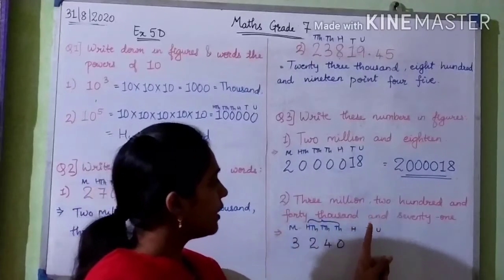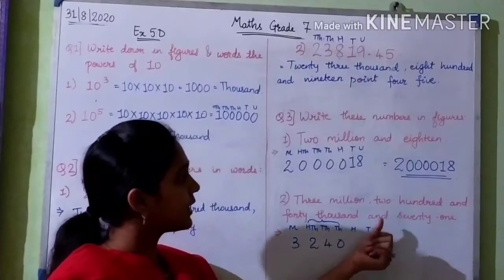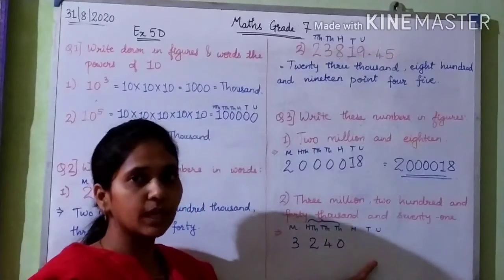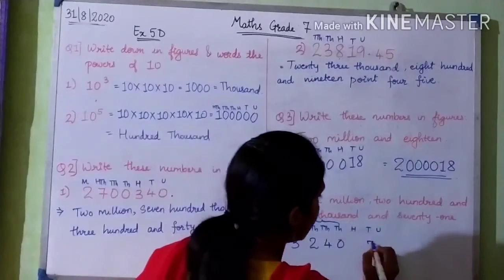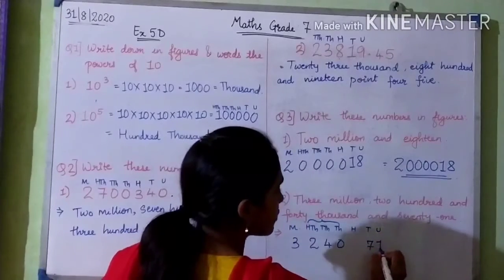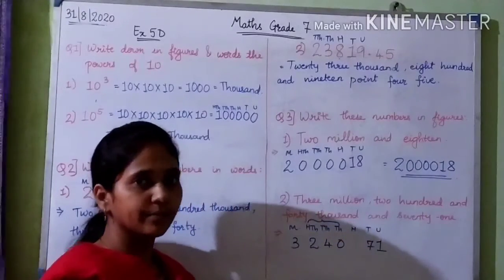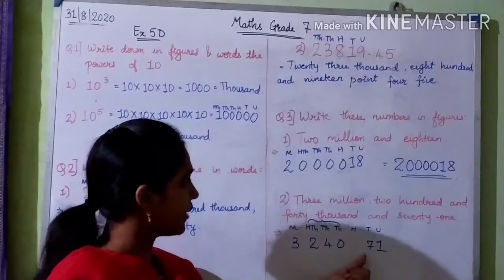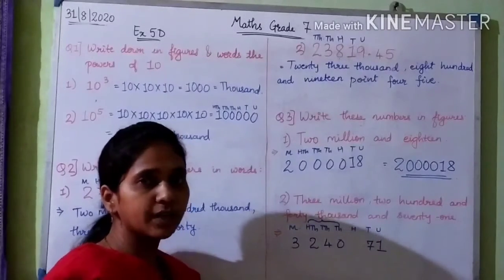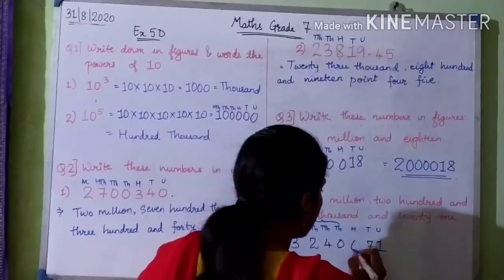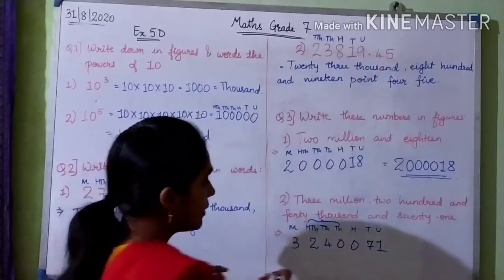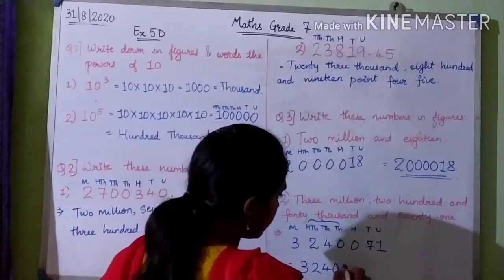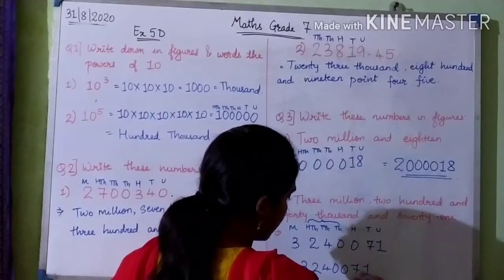Now we go to the next. It is given as and 71. So 70 will come in the tens place, and in units there is a 1. So 71 is written like this. And there is nothing in the hundreds place. They have not given any word for 100, so we write a 0. So this number becomes 3,240,071.